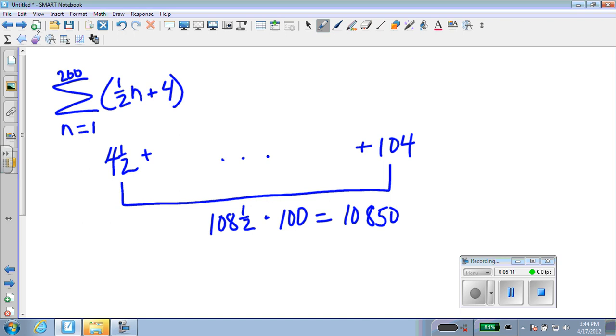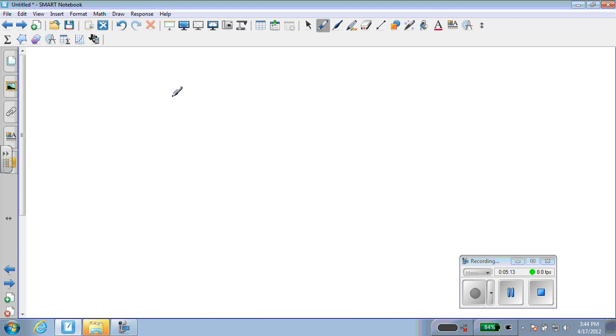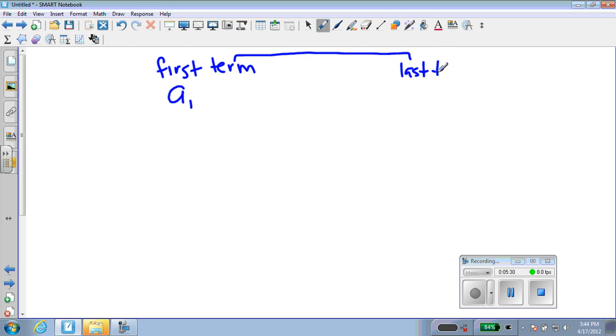So let's take a look at this in some generality, right? So let's actually create a form. What we were looking at was the first term, and we paired it with the last term, which at this point we'll call a sub n, the last term that we use. And we added those together.